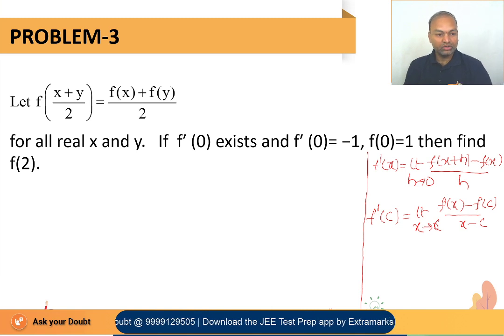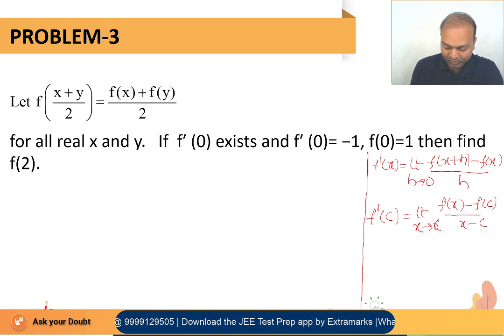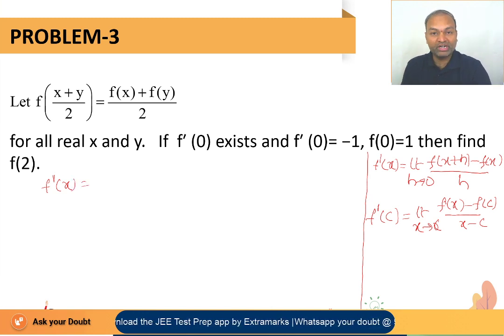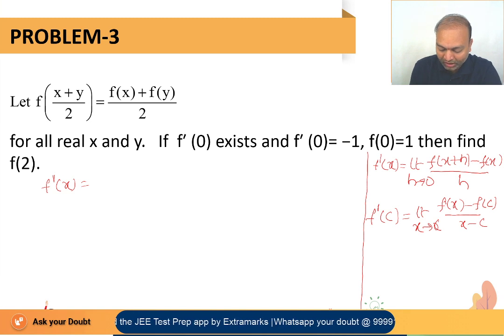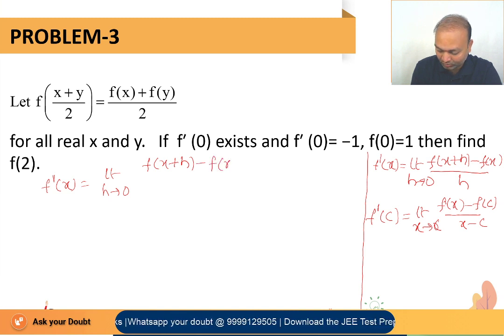So here, f dash of x will be the first principle formula: limit h tends to 0, f of x plus h minus f of x whole divided by h.